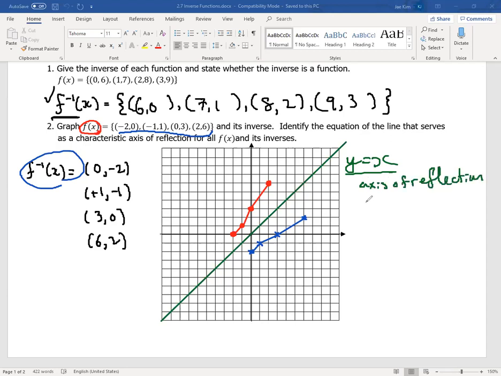You might have noticed by now, axis is just another word for a line. Axis of symmetry, axis of reflection. I would probably do this as a dotted line if possible, just because it helps us see. If you have a ruler, please, by all means, use it.